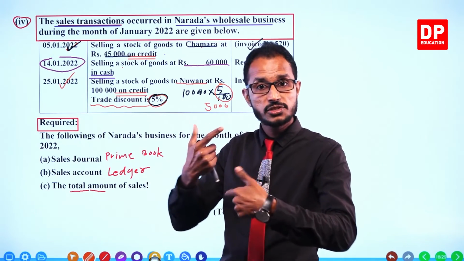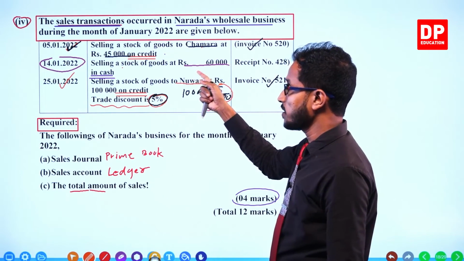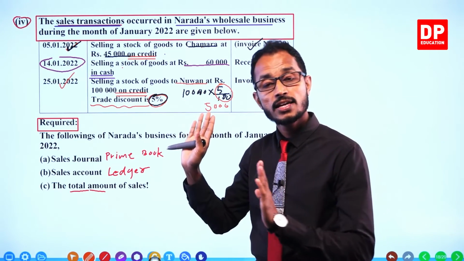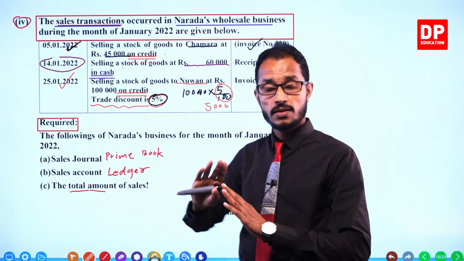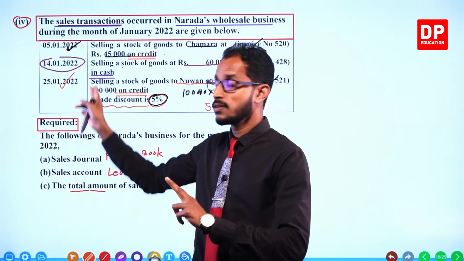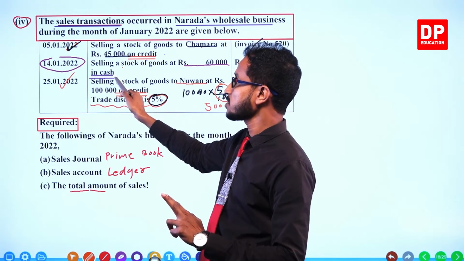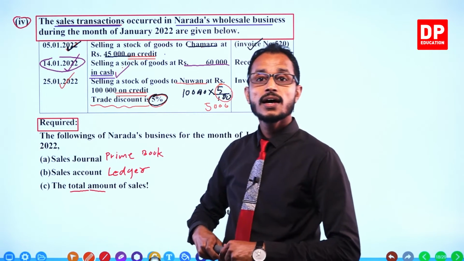You receive cash. But although you don't record it in the sales journal, you have to record it in the sales account, because sales account should have all the sales, credit sales as well as cash sales. So you should take this cash sale to the sales account.